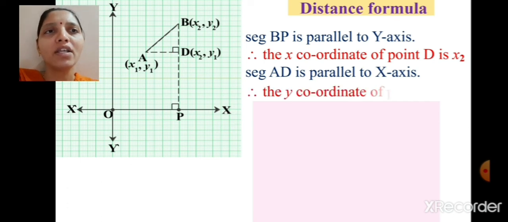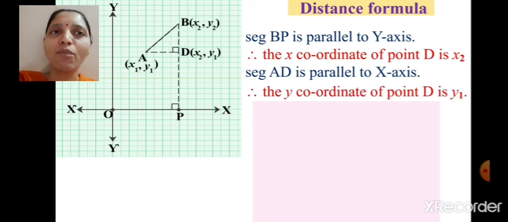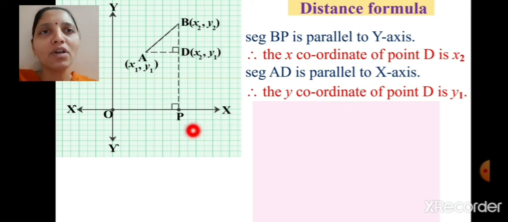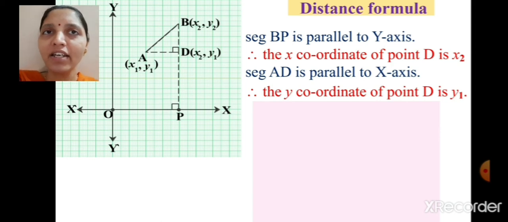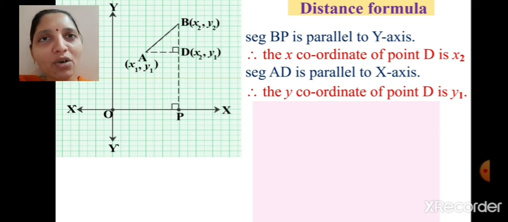So, the y coordinate of point D is y1 because its y coordinate will be equal. Now, if you observe this figure, a triangle is formed here, triangle ADB, and in this triangle angle D is 90 degrees. So we can apply the Pythagoras theorem.